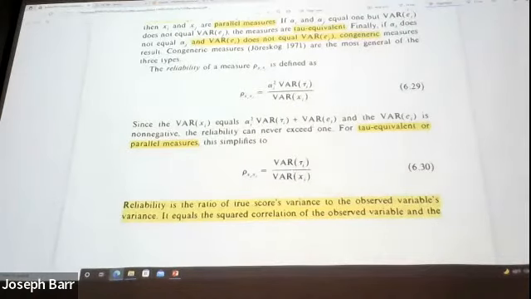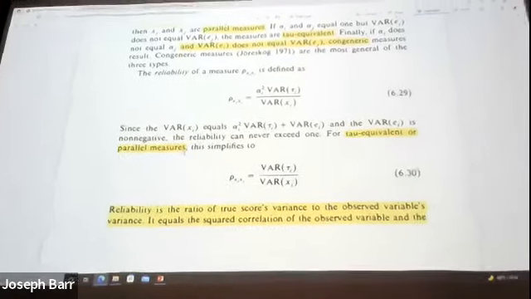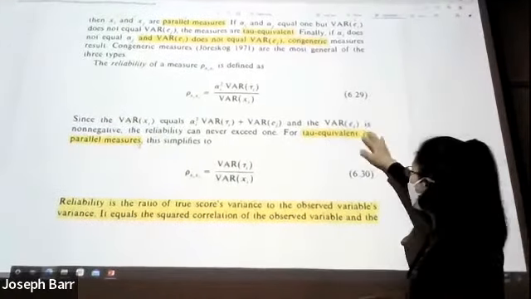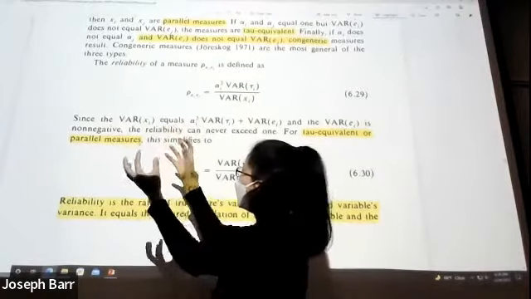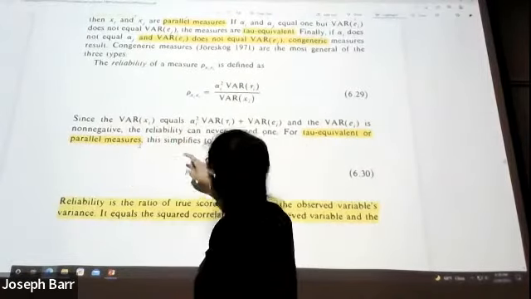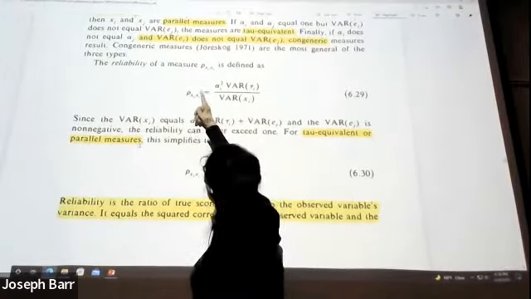For tau equivalent or parallel measures, tau equivalent means the tau part is the same but the variance part is not the same. For parallel measurement, the tau part and the variance part are exactly the same. So we have this reliability.